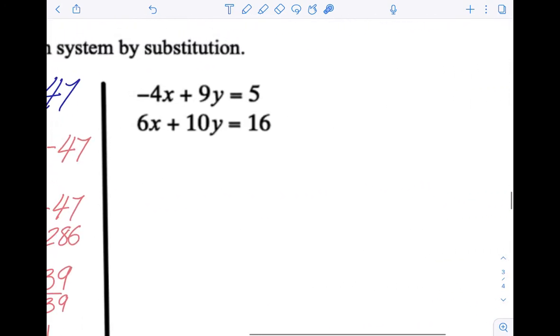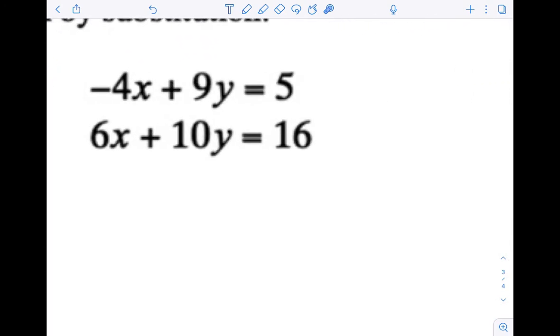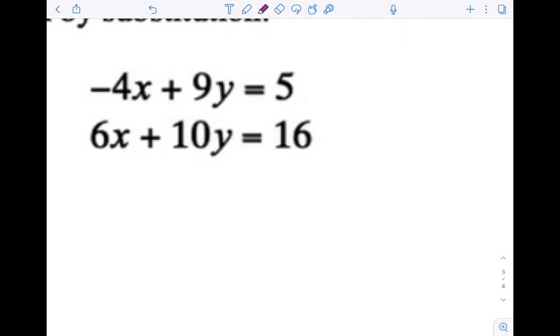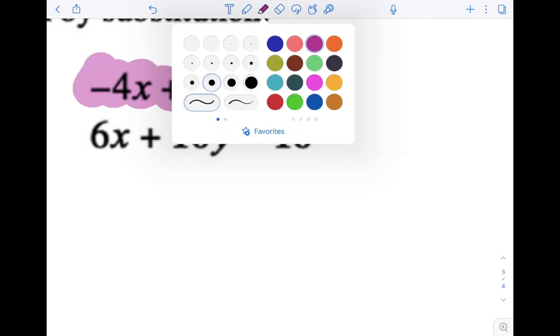Now on this problem, everybody, I have no letters by themselves, no variables. This x has a negative 4, this x has a 6, this y has a 9, and this y has a 10. So what do we do in this situation? Well, first I'm going to highlight my two equations as I always do.